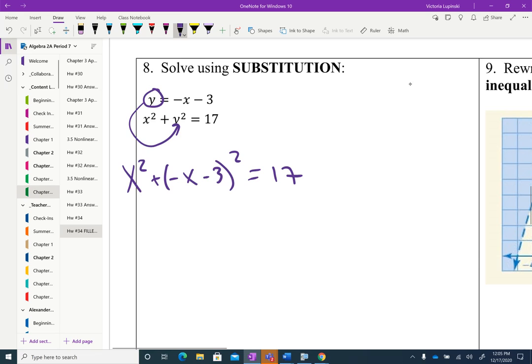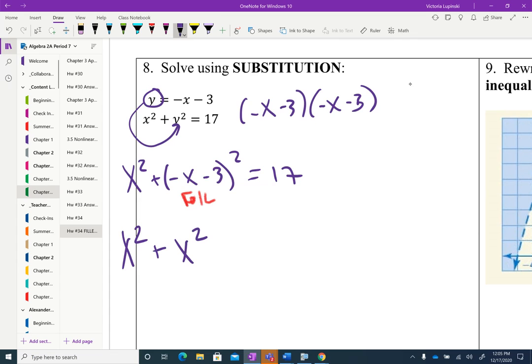This guy here in the squared, please make sure you remember that that's a FOIL. So x squared, if I FOIL, so negative x minus 3 times negative x minus 3, that's going to give me a positive x squared, a positive 3x, another positive 3x, a positive 9, and that's going to equal 17.